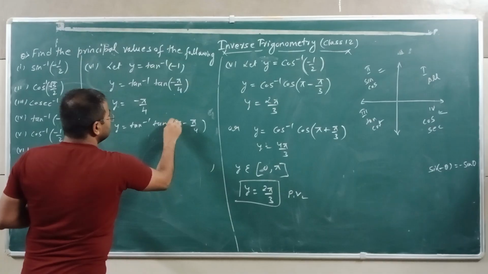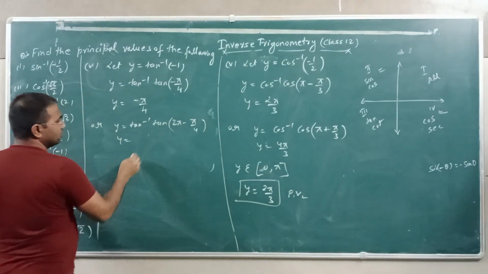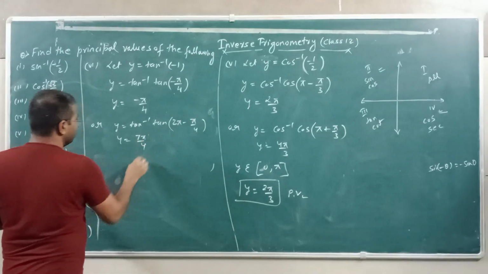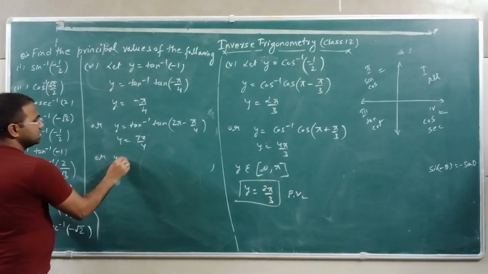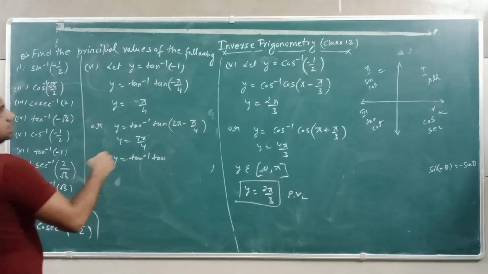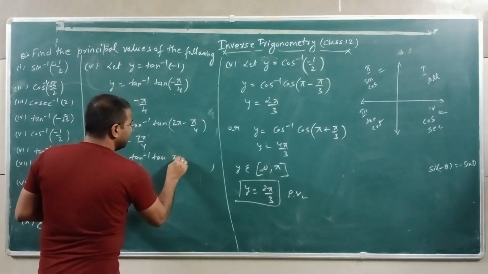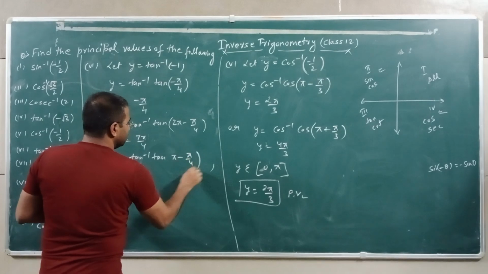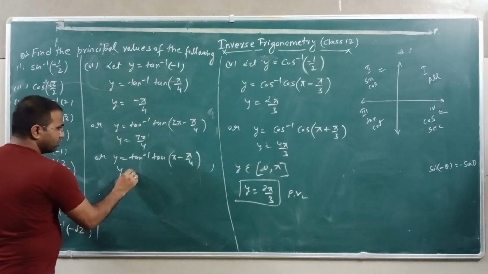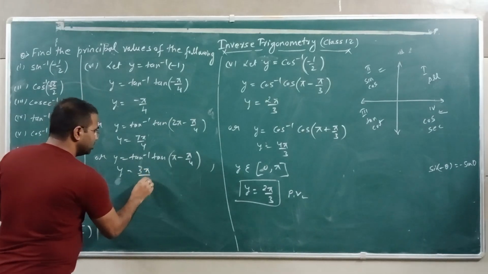So y is equal to 7 pi upon 4 will come, or you can write y is equal to tan inverse tan, for the second quadrant you will write pi minus pi upon 4. So 4 pi minus pi, 3 pi upon 4 you will write.